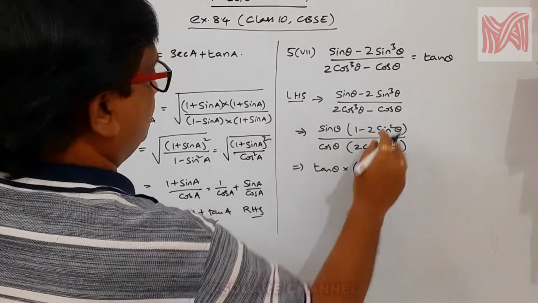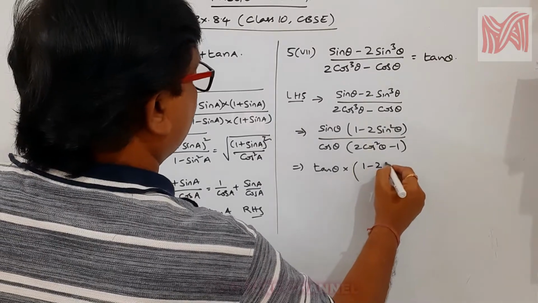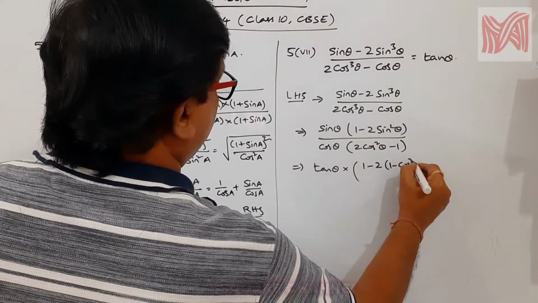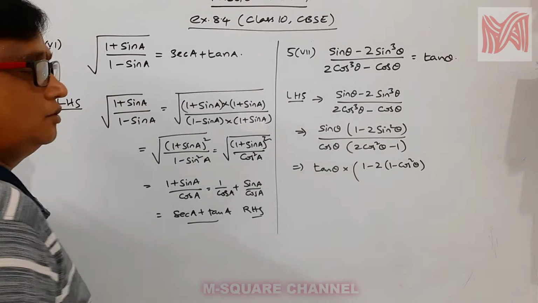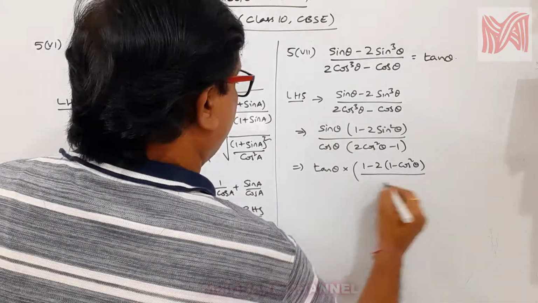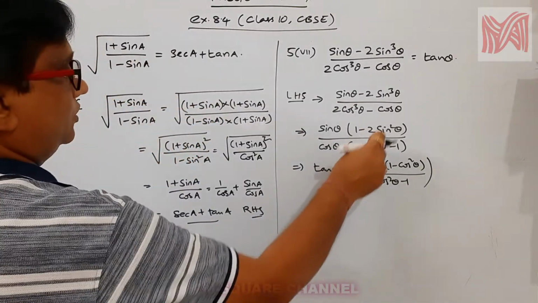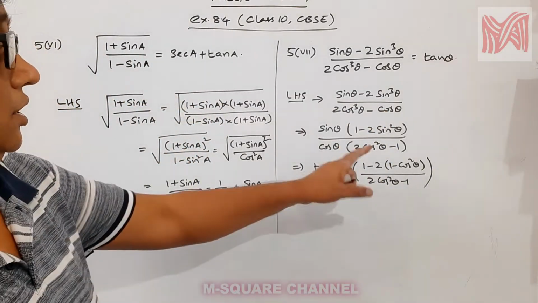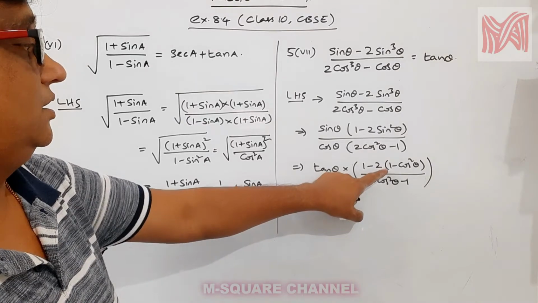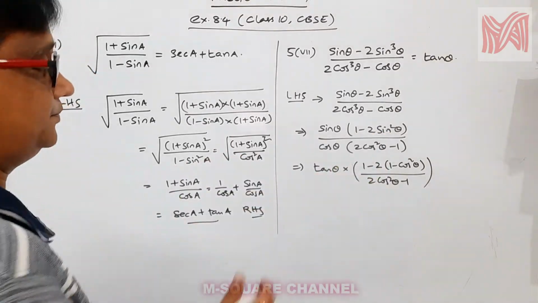So we are going to change sin square: 1 minus 2 into (1 minus cos square theta), because sin square theta means 1 minus cos square theta, by 2 cos square theta minus 1, because we want to remove these two. That's why here we are going to change sin square.